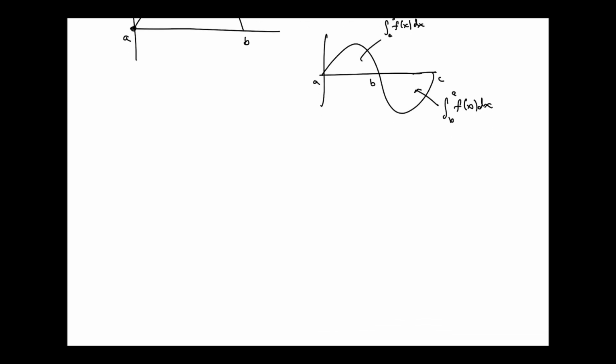Let me make a crude sketch of it for the sake of demonstration here. So we've got 1, 2, 1, 2, 1, 2. So it goes up to here, 2, 3, 4, over to here, then down to here, then down to here, then up to there.